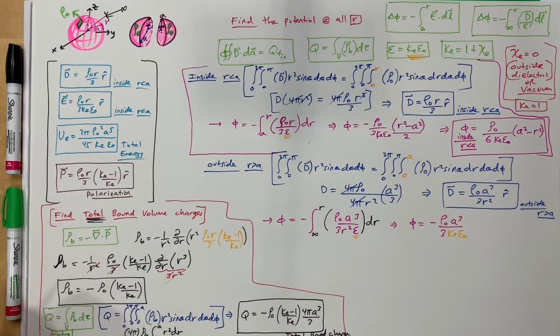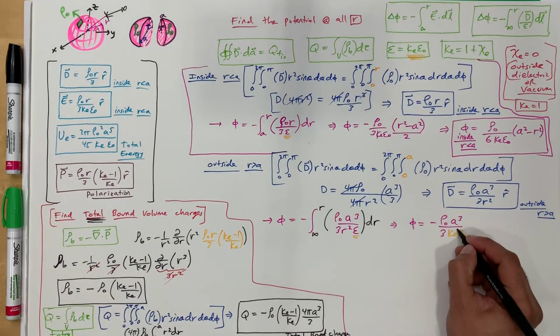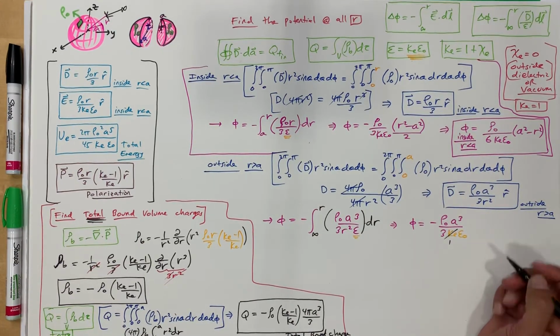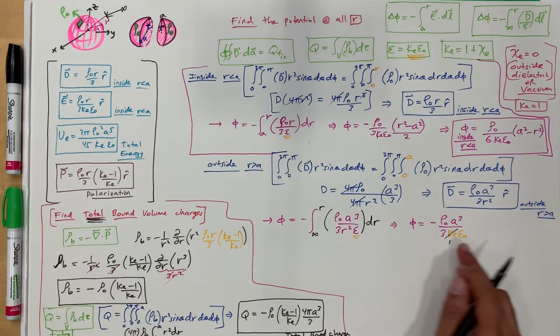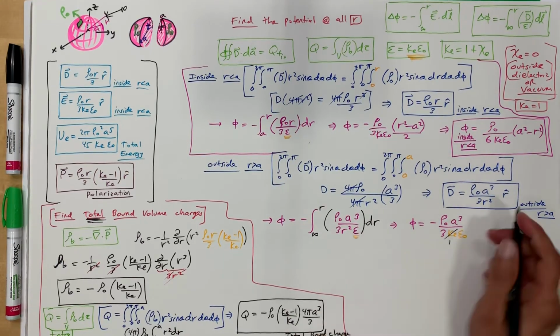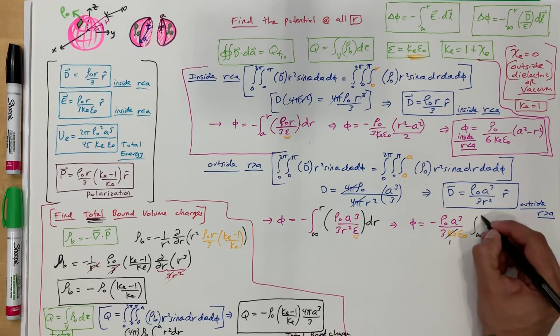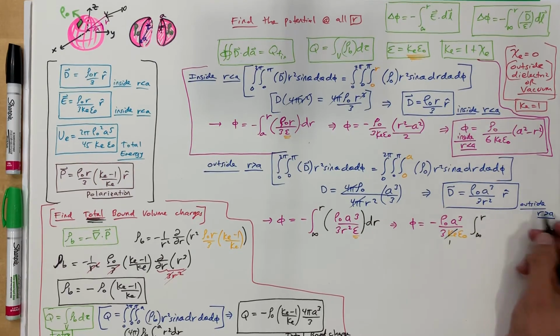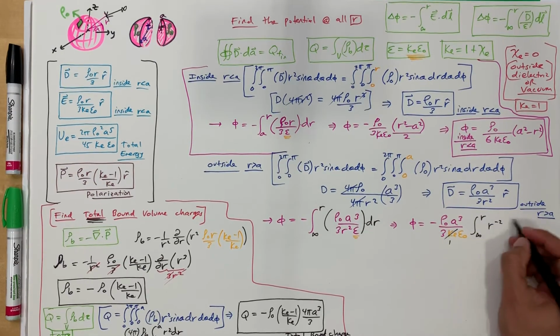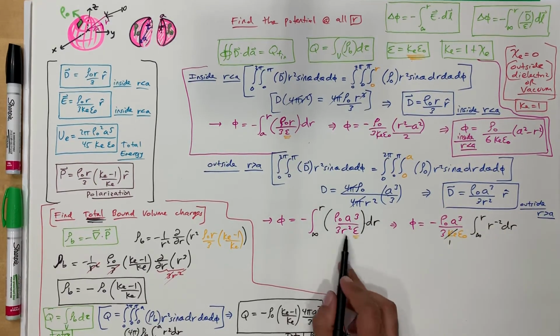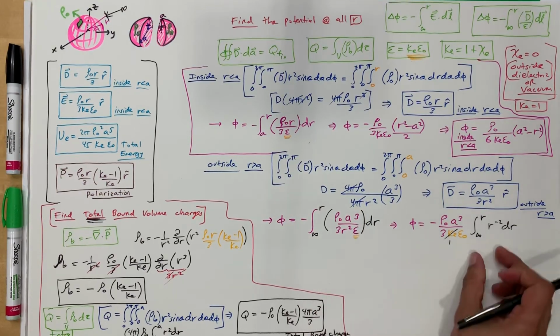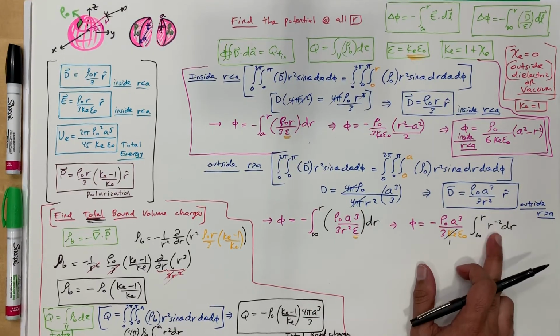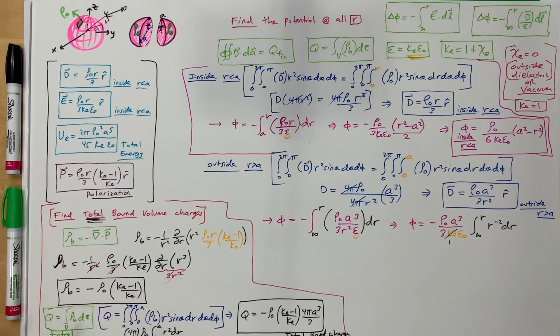But this KE is equal to 1, so it doesn't affect anything. What we have left in the integral is infinity to r of r to the -2 dr, right? Because r squared was on the bottom, just put it on the top. And so we evaluate this integral.